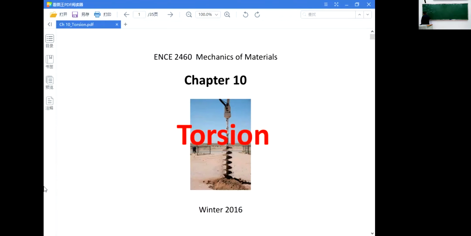Then I introduced the axial load member. How to find the Fn? How to find sigma equals F over A? It's the normal stress on the cross section.